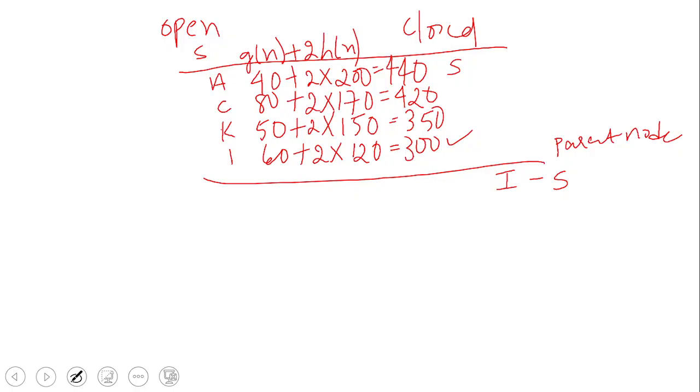Okay, now we need to write the nodes as they are in the open list: A with 440, C with 420, K with 350.